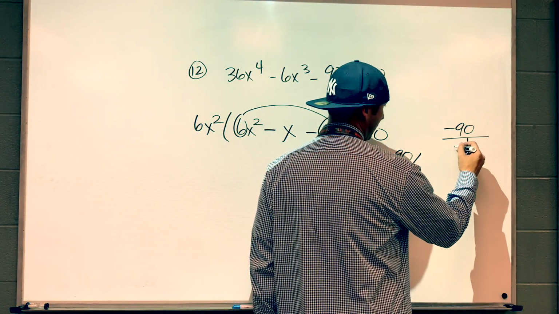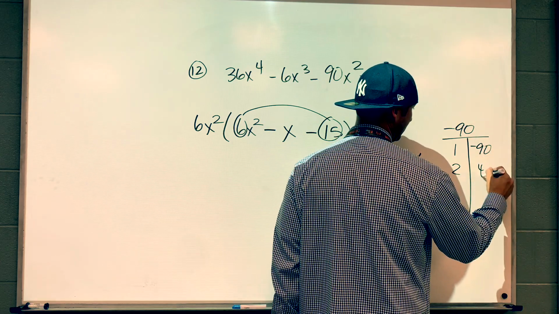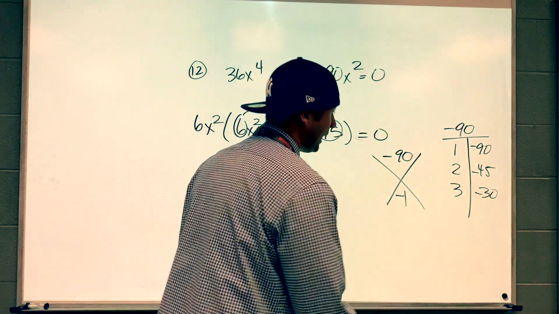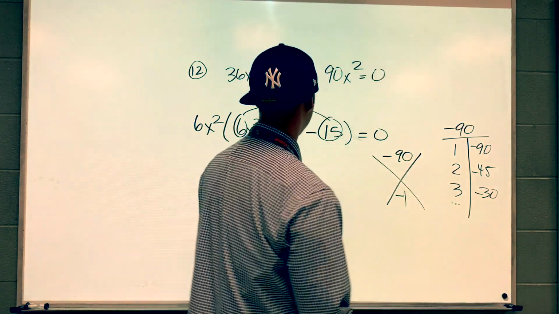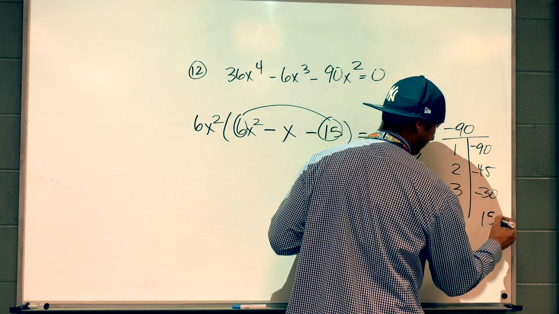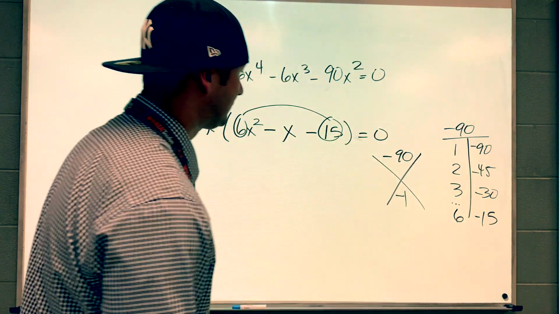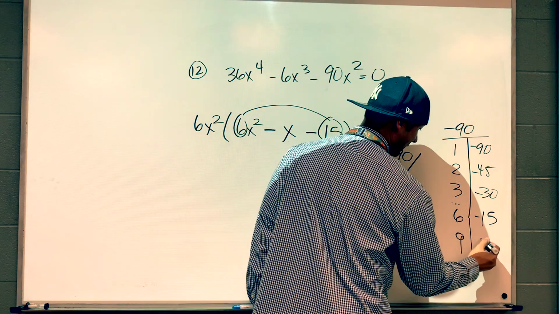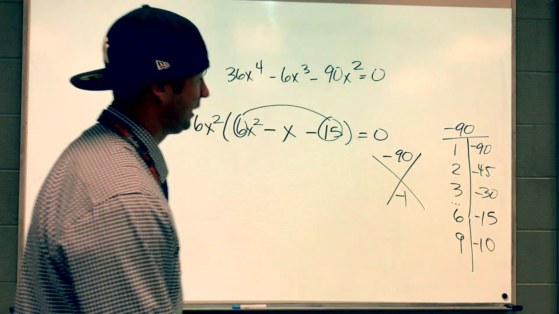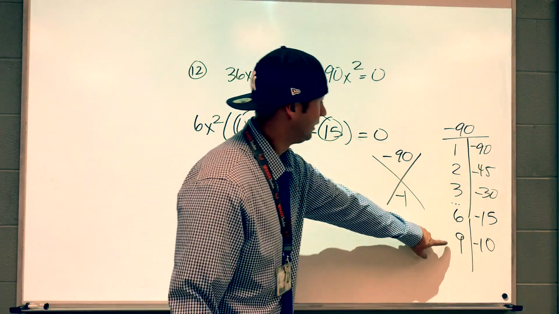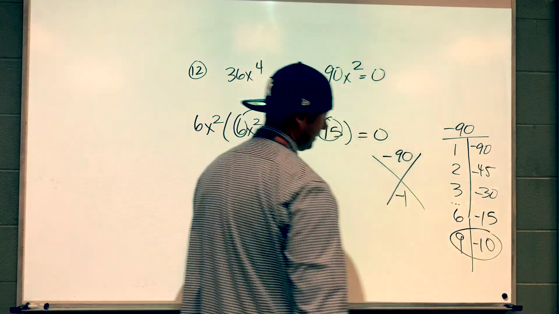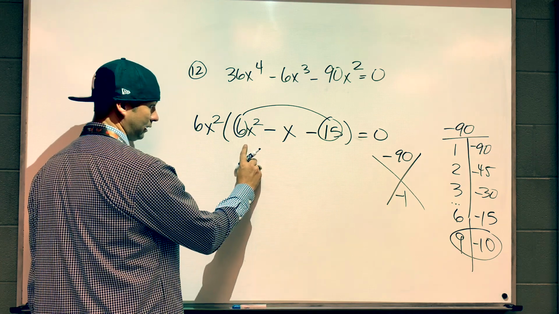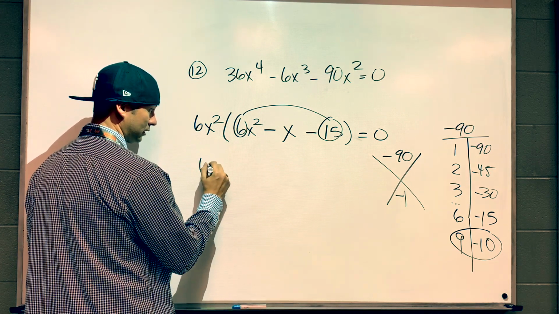So even if I start going down the list, at some point we're going to run into 9 and 10, 9 and negative 10 actually. So that's it. This is the one. Okay, so same story. I'm going to write the first term. We can't forget about this guy, so let's just bring him down.